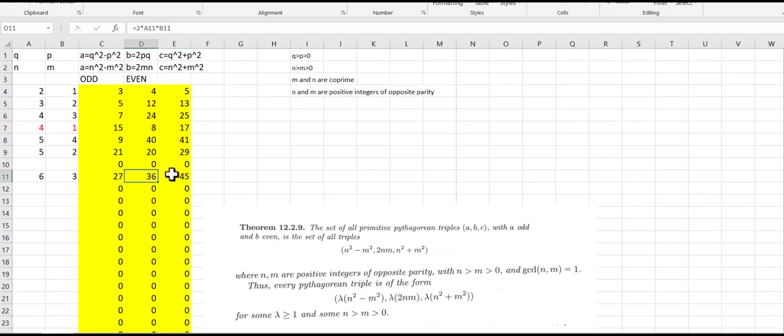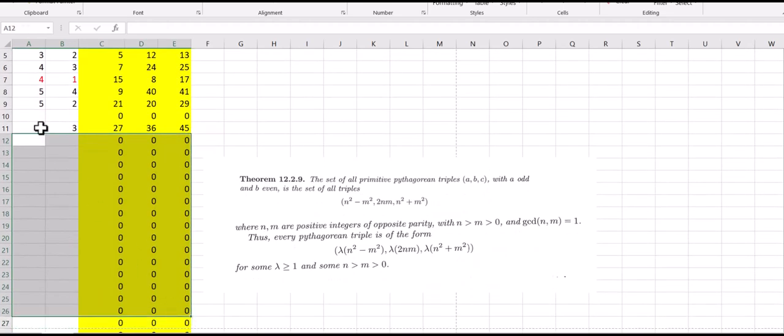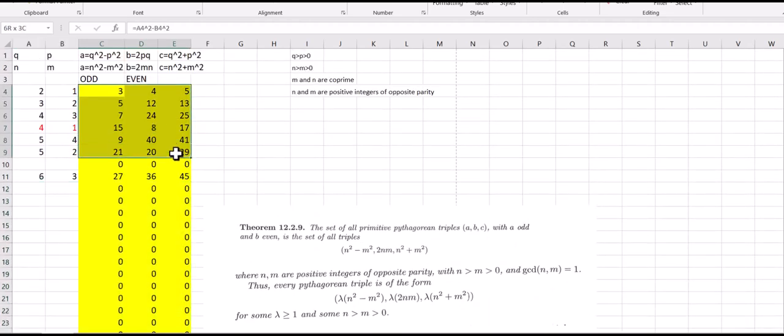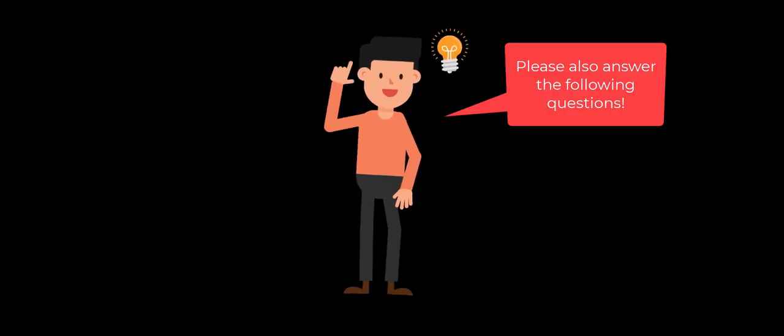This is still a Pythagorean triple, but obviously it's not a primitive Pythagorean triple. So the question is, what condition was not satisfied in this theorem. I hope that that helps you generate some other primitive Pythagorean triples following all of these primitive Pythagorean triples.